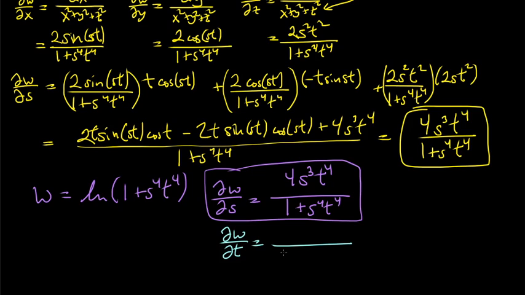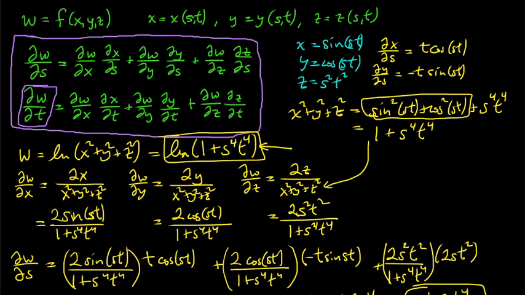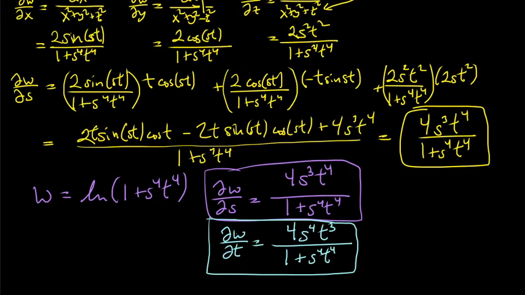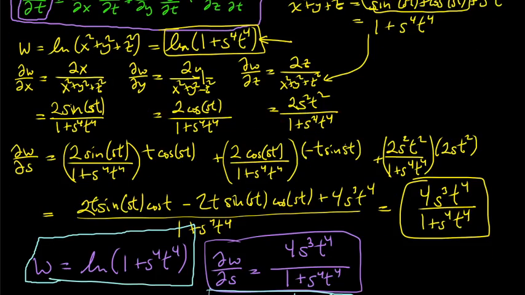So it's still going to be 1 over 1 plus s to the 4th t to the 4th, and now the derivative of 1 plus s to the 4th t to the 4th with respect to t is 4s to the 4th t cubed. So without going through the whole chain rule up here, we got both answers this way. Right, so much easier to do this directly. And the question didn't exactly say you couldn't do it directly, so either way is fine here.